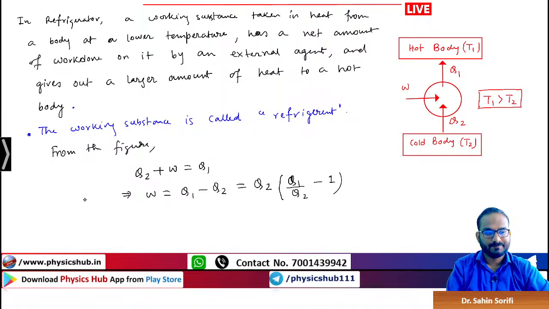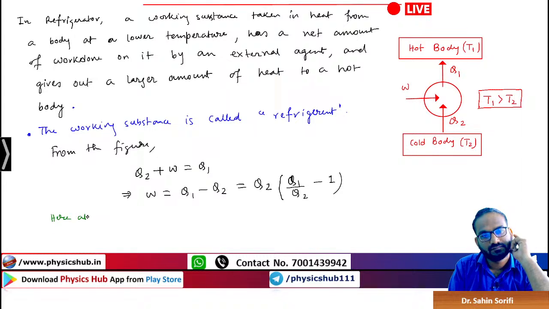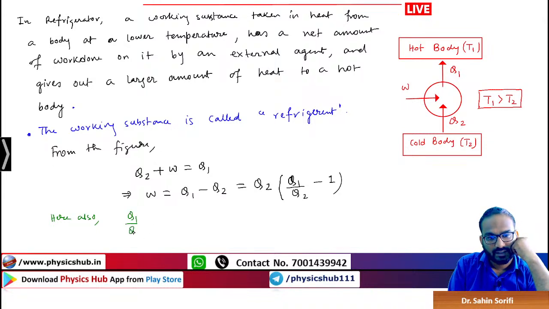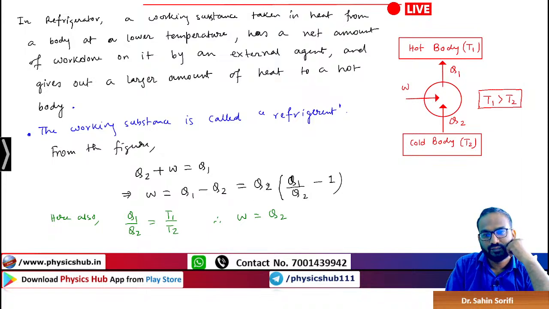So here also, if you use an ideal gas as a working substance, for that case you can write Q1 by Q2 is equal to T1 by T2. So W we can write as Q2 times Q1 by Q2 minus 1. You cannot put Q2 equal to T2, okay? You can only put the ratio. Q1 by Q2 is equal to T1 by T2.